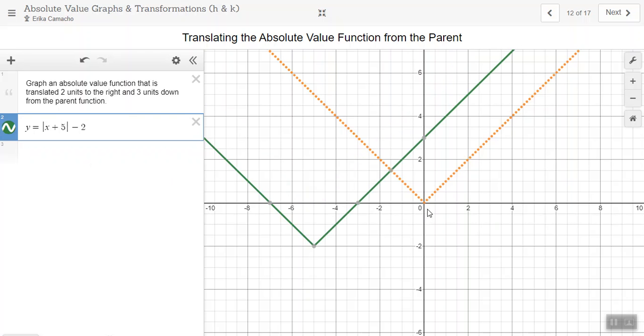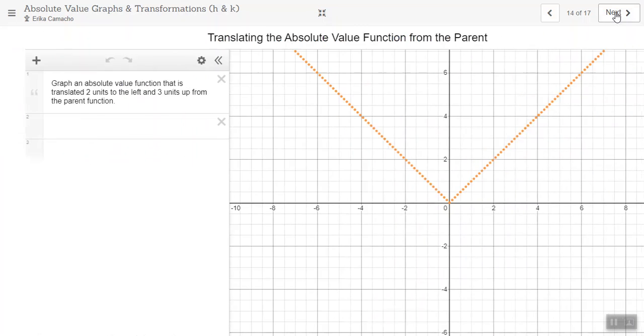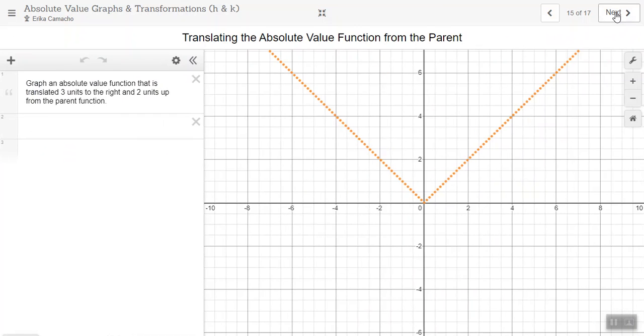So this here went 5 units to the left and 2 units down. That's the sort of thing this question is asking you to do. And all these are asking you to do those sorts of transformations from the parent function.